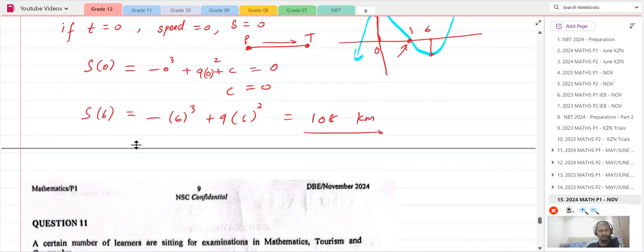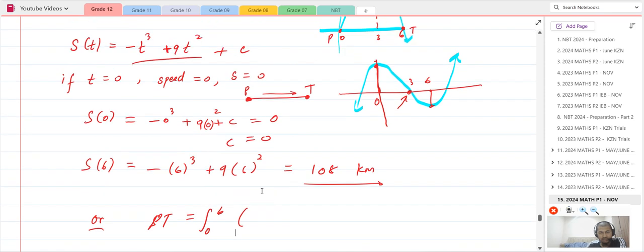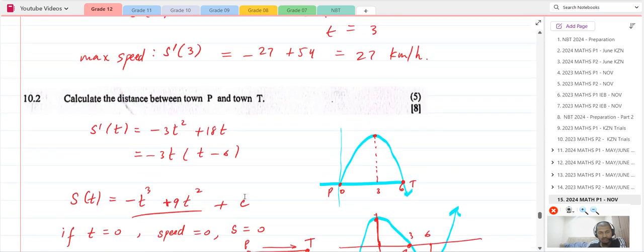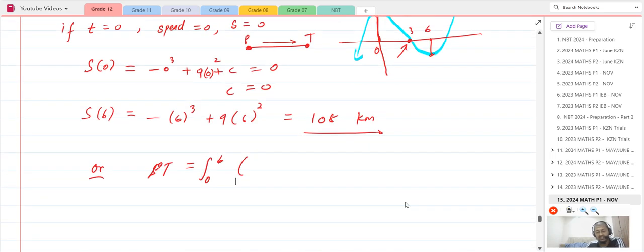Remember, the advanced method, if you know integral calculus, the distance PT is the integral from 0 to 6 of the speed function minus 3t squared plus 18t.